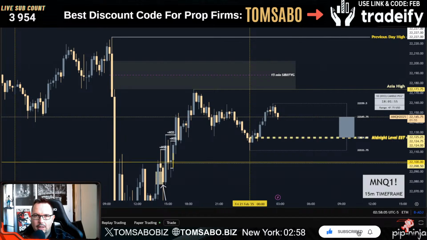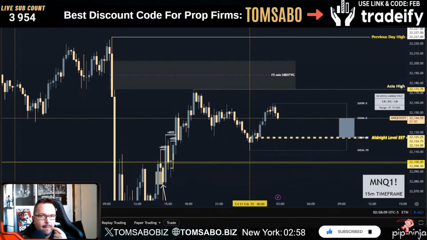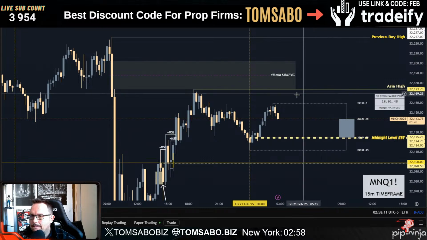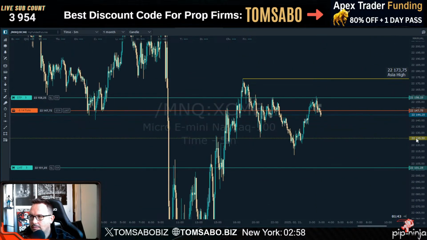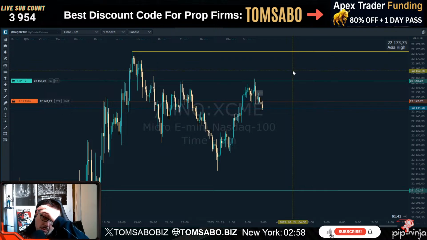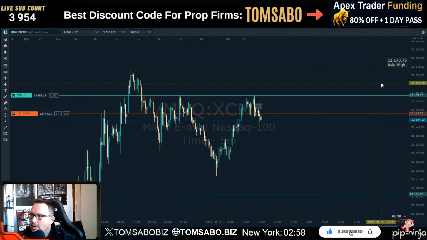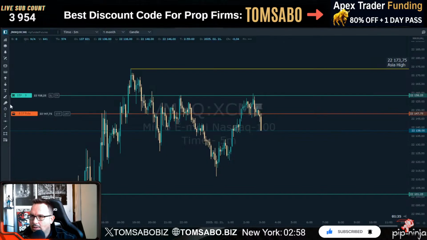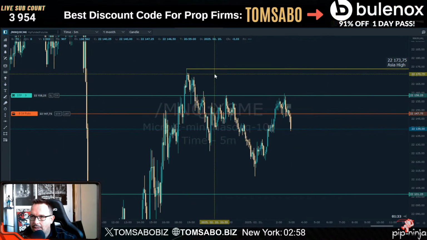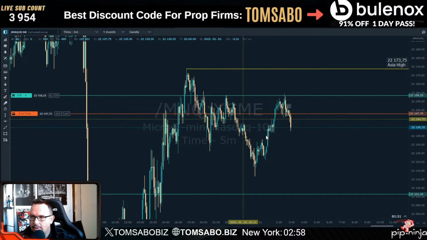Okay. Now I'm losing faith in this short position, to be honest. But anyway. That's exactly relative equal highs up there, including that area.